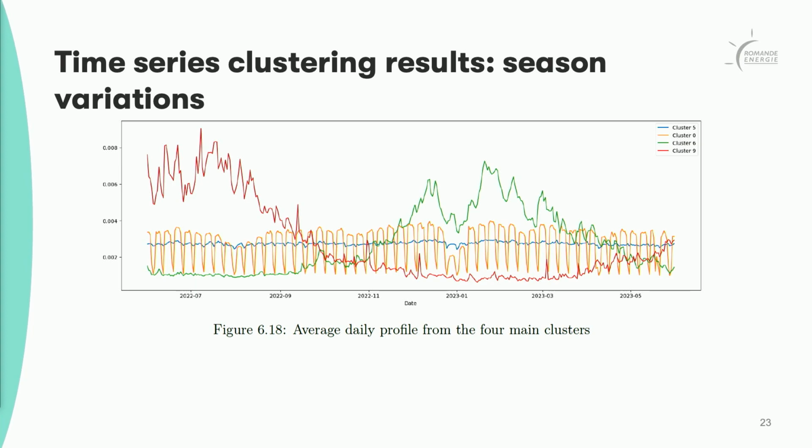On the other hand, for the green curve, we have the ski lifts and all the transport cables we are using during winter. Then there are two other curves, the orange one, where we are consuming during the weekdays but nothing during the weekends.